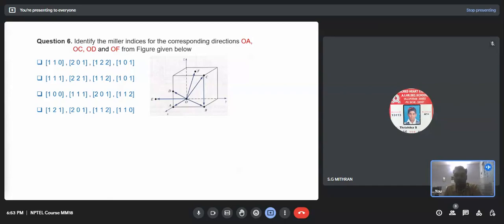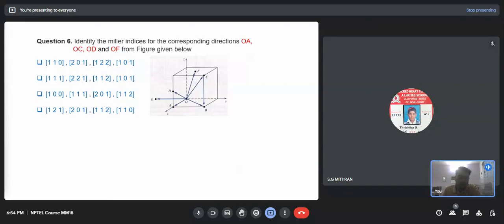Here we have to identify the Miller indices of the corresponding directions OA, OC, OD, and OF from the figure given below. For that, first we'll consider this OA direction.